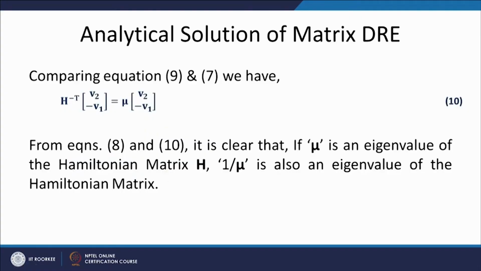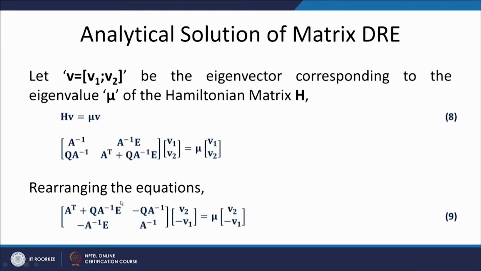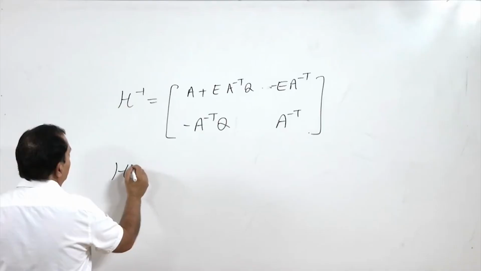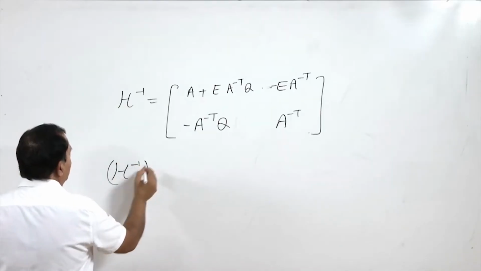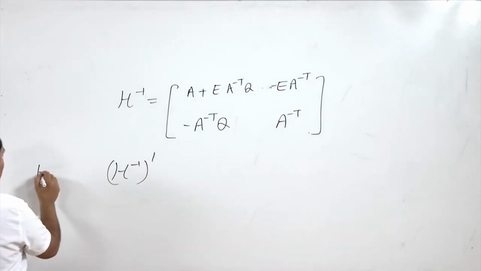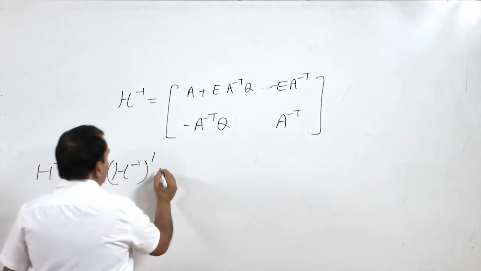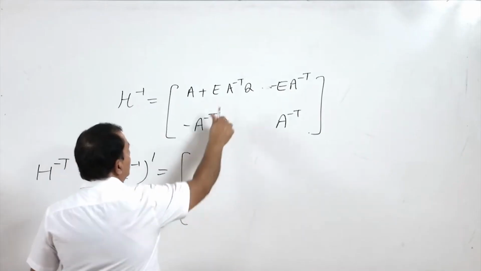What we are trying to find out is, what is this matrix? If I take the transpose of this matrix, this means the transpose of the H inverse, which I am writing as H to the power minus T. So, what will be the transpose?